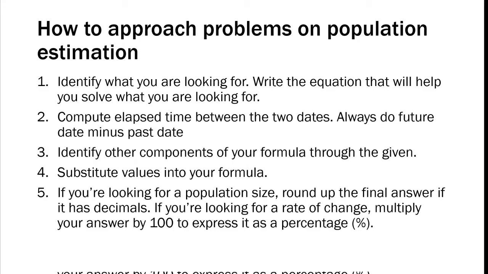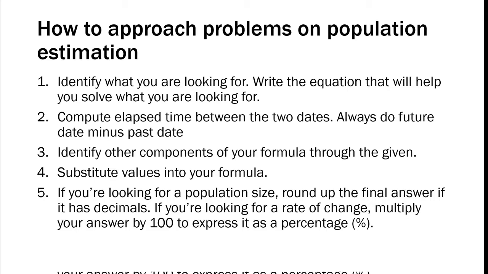Okay, now let's say that you have already arrived at an answer by substituting the values inside your formula. The next thing that you do is, first, if you're looking for a population size, which is either a future or past population size, you need to round up the final answer if it has decimals. So remember, rounding up is different from the concept of rounding off. When we round off, if the decimal place is 5 or greater, we round it up to the next whole number.